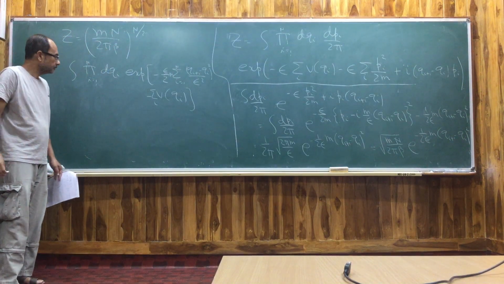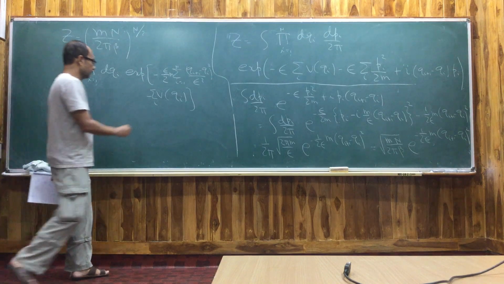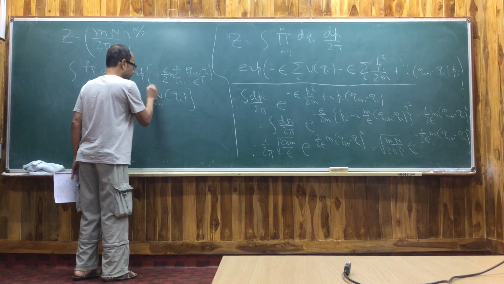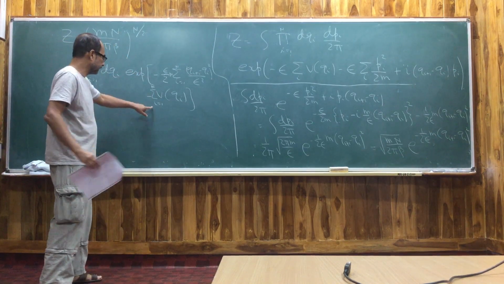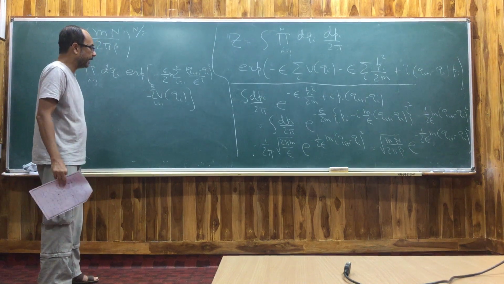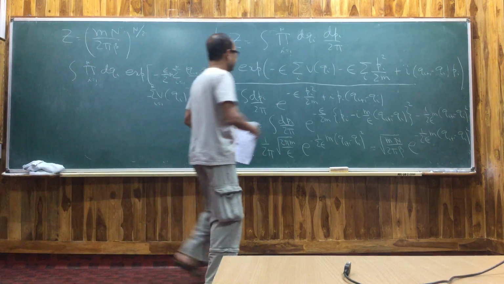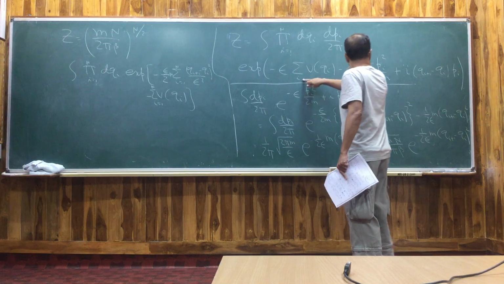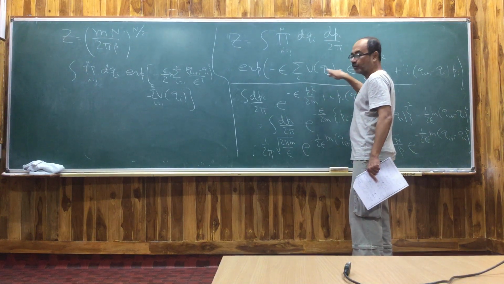In the second summation, does it run from 1 to n plus 1? No, I think it should still be 1 to n, because there are n such terms. See, i equal to n plus 1 is the same as 1.